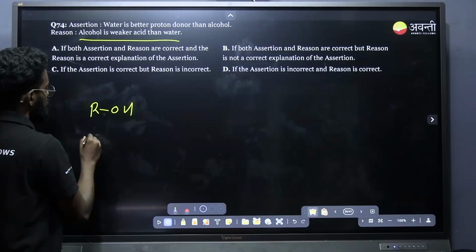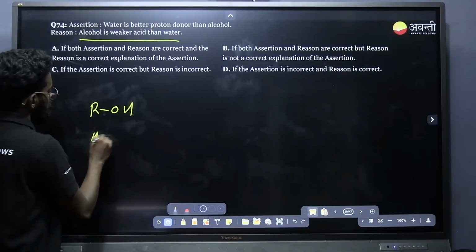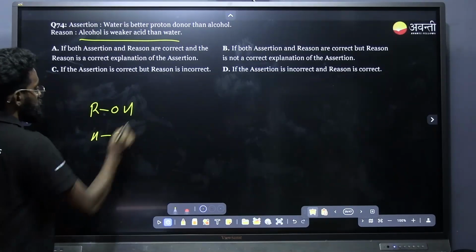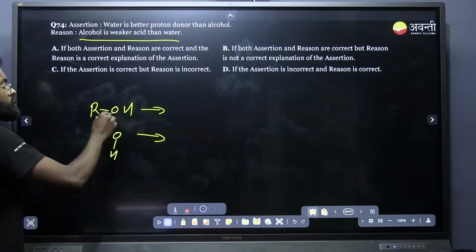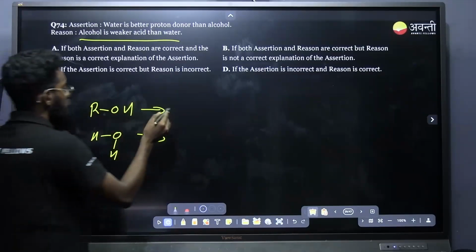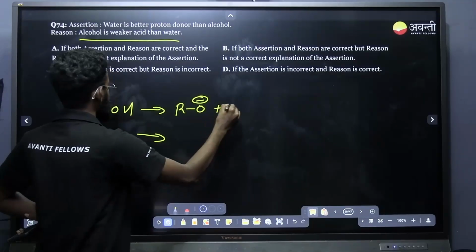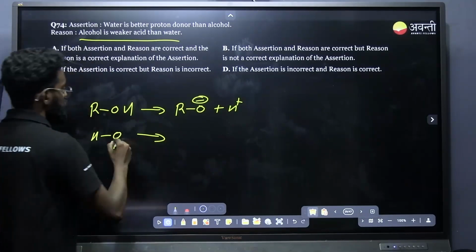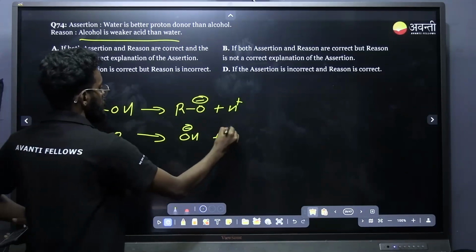ROH, alcohol, and H2O, water. How can we decide which one is a better acid? By checking whether the conjugate base is stable or not. Alcohol gives the conjugate base RO minus plus H plus, and water gives the conjugate base OH minus plus H plus.